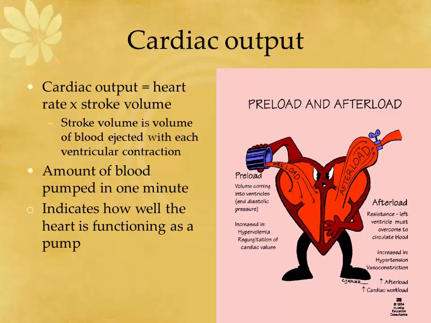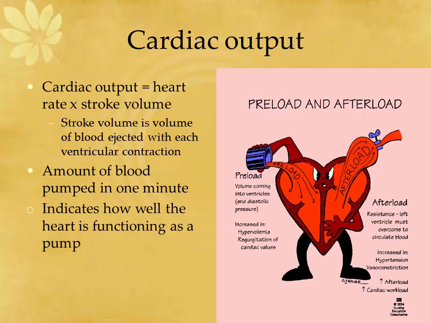Now, a couple of things that also affect stroke volume is the volume of blood coming into the heart, which is considered preload. We can have an increased preload if we have hypervolemia, or if the valves are not functioning properly.